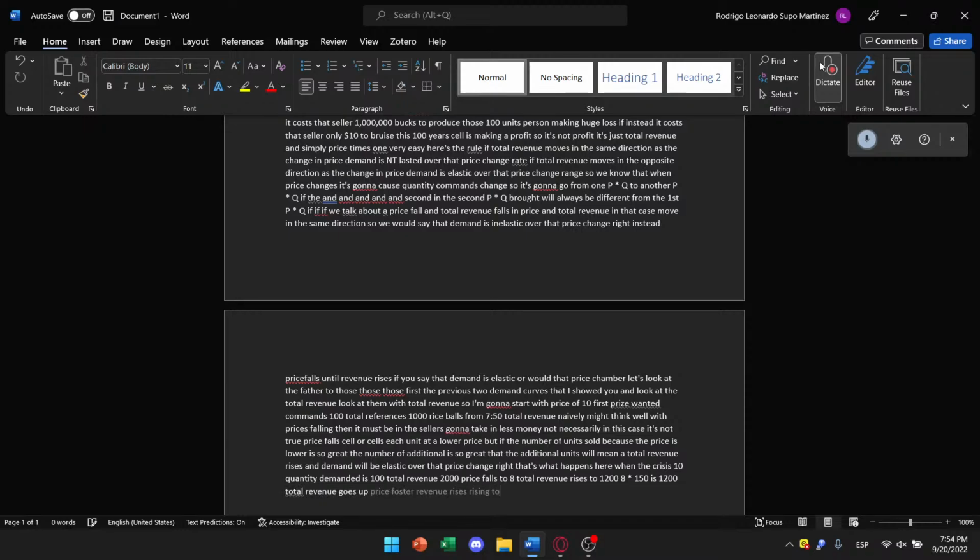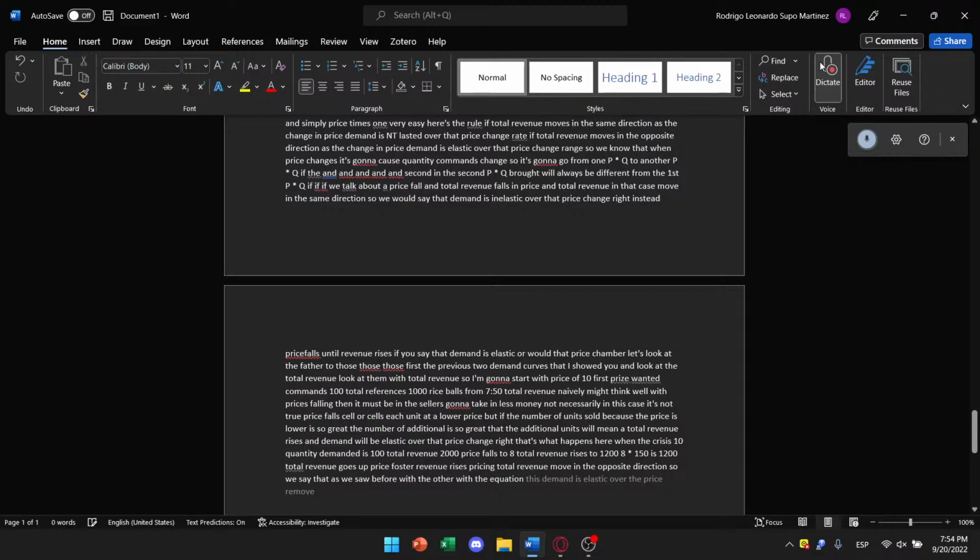Price and total revenue move in the opposite direction. So we say that, as we saw before with the equation, this demand is elastic over the price change range $10 to $8. They work in reverse too. We start off with $8. We get a rise in price from 8 to 10. Total revenue would fall from 1,200 to 1,000.